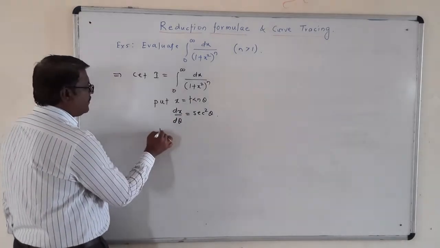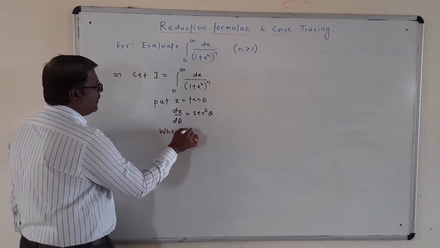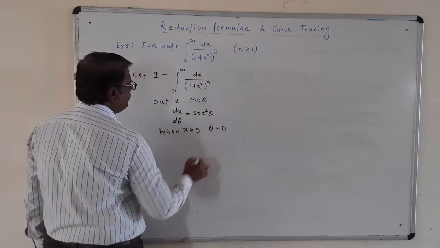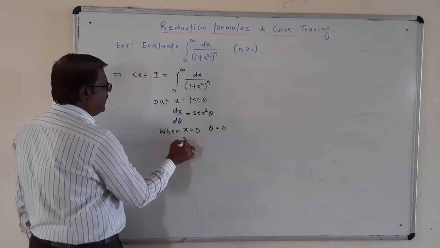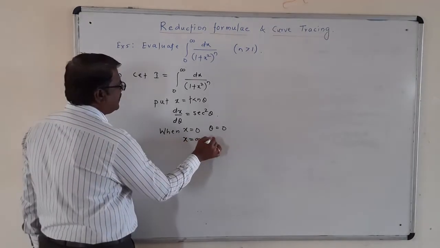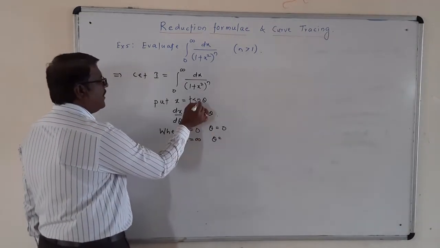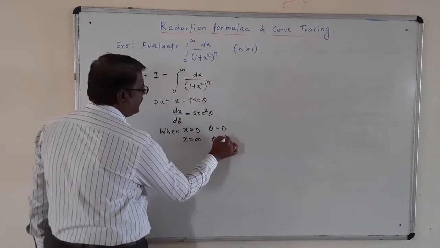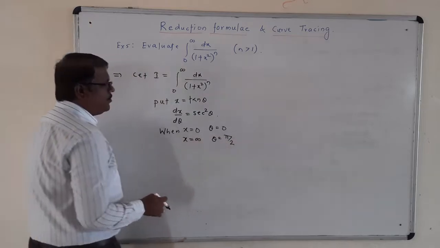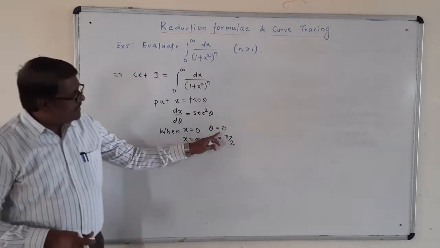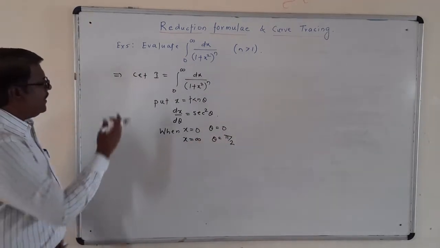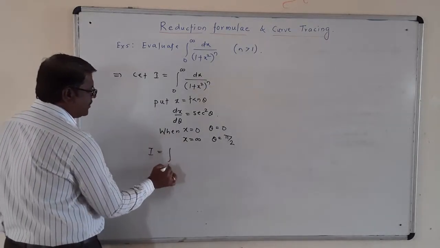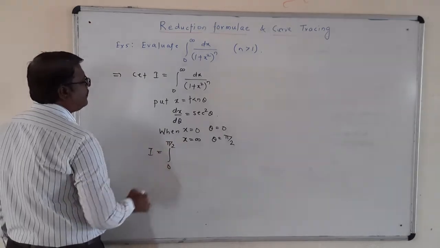Now when x is equal to 0, the value of theta is 0, and when x is infinity, the value of theta is tan inverse infinity, but tan inverse infinity is pi by 2. So we got the limits set at 0 to pi by 2, and therefore the given I becomes integration 0 to pi by 2.